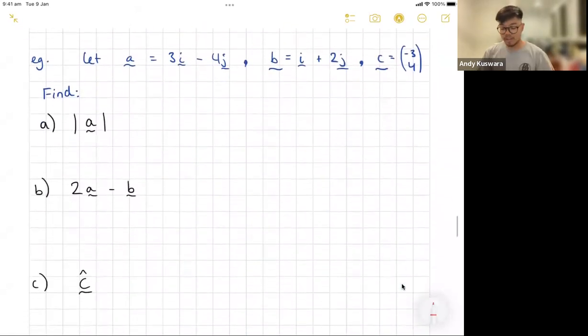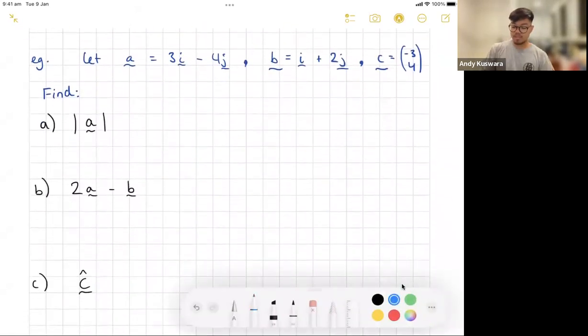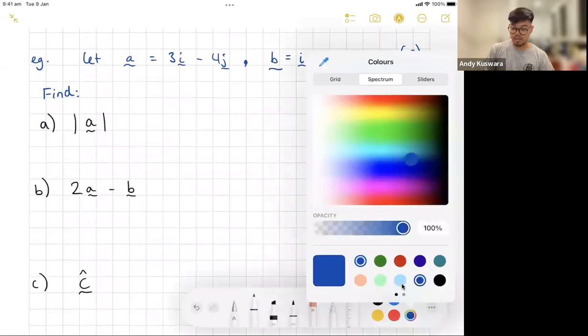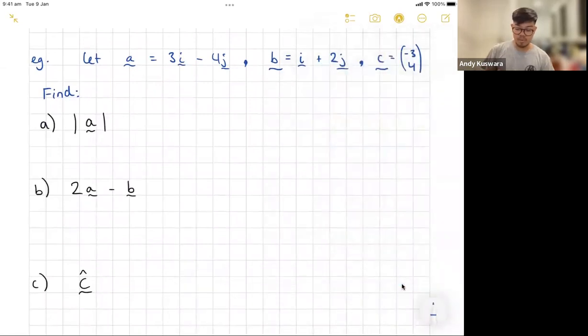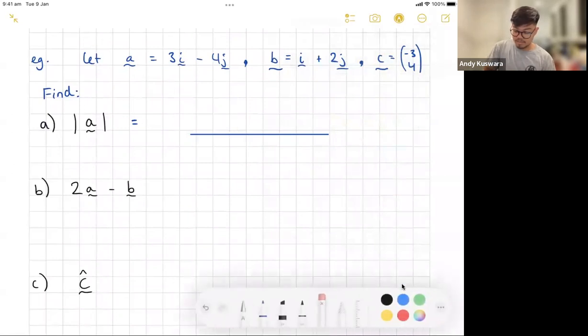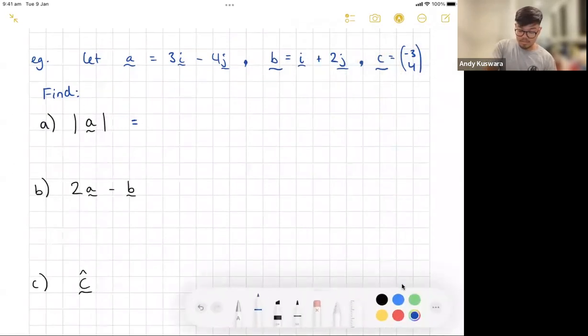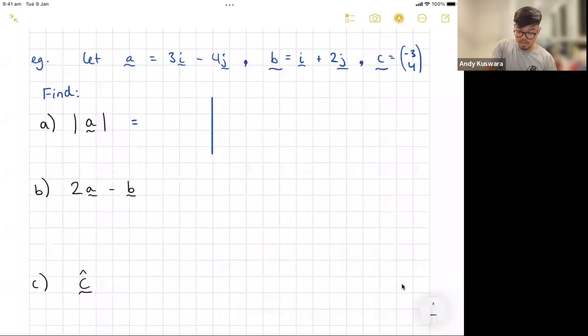Now, let's smash out a couple of these, just to show you how all these work. So a is going to be 3i minus 4j. To find the length of it, think of it like Pythagoras. I've got 3 in the horizontal direction, 4 in the negative vertical direction.